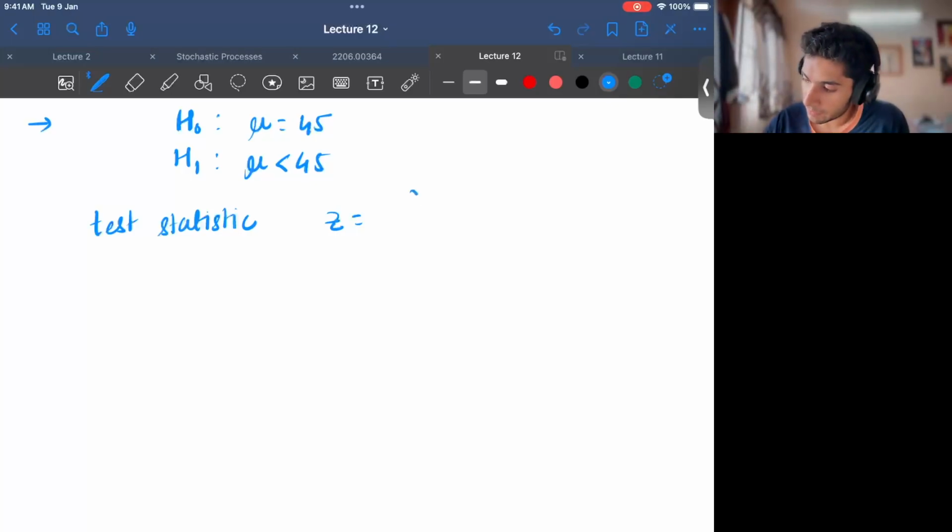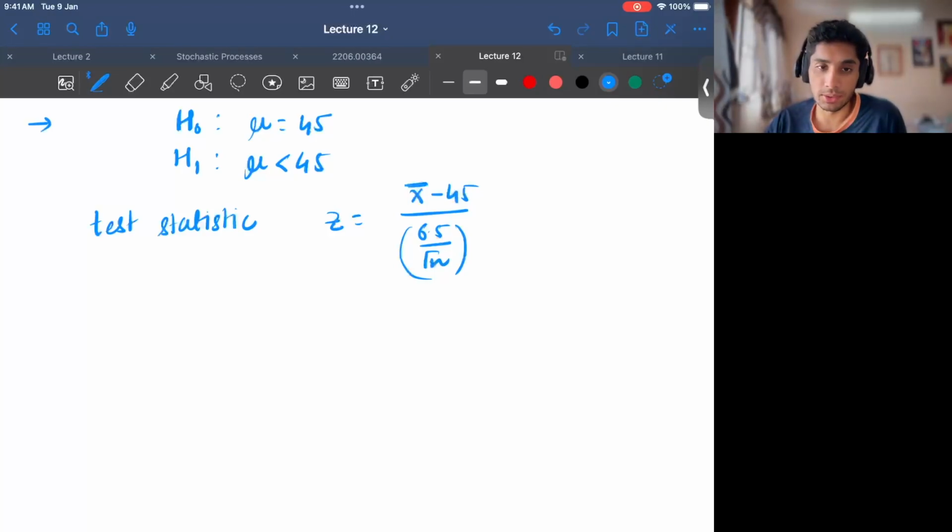So it's x bar minus 45 upon 6.5 over root n, right? This is your test statistic when the population variance is known. If you don't know how this comes, you should go back and see the lectures, okay?